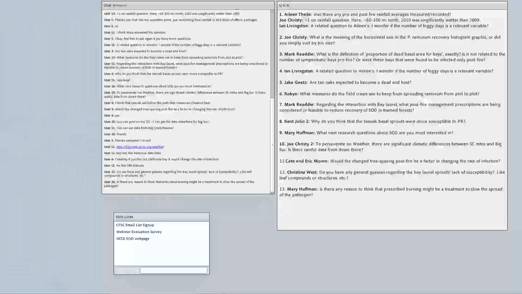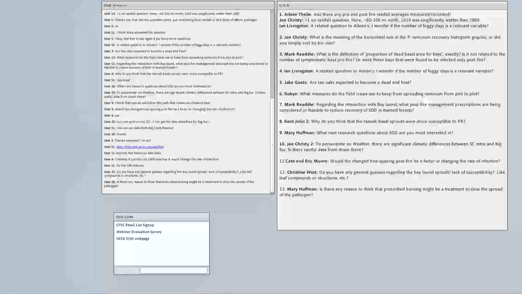I'm guessing it's more of a competition between other pathogens that result in the lack of Phytophthora ramorum infections that we were seeing, rather than a physical issue with the leaves. But I don't know.